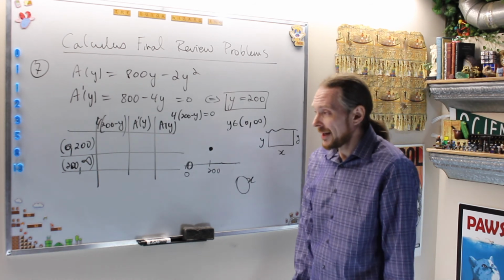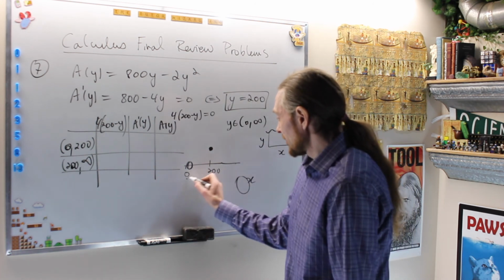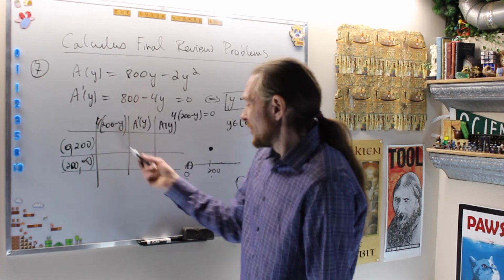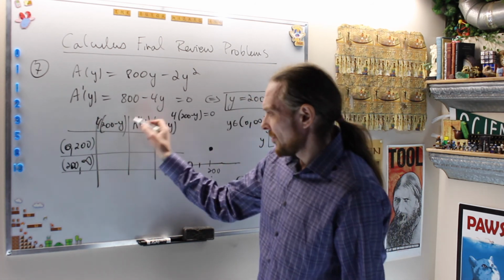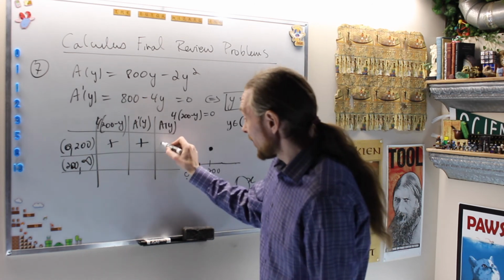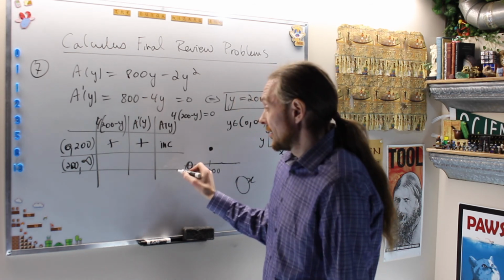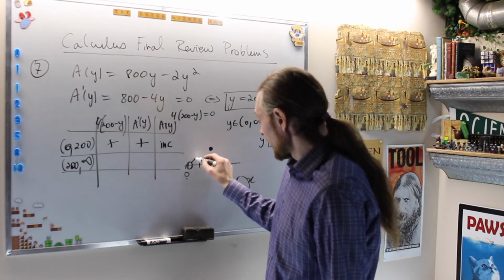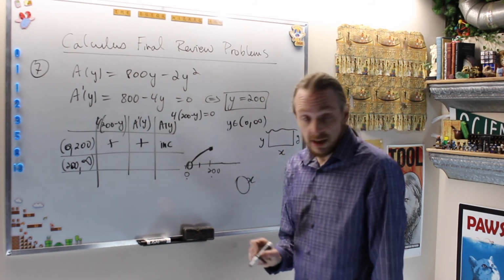First derivative test, increase, decrease, local max and mins. Now what I'm arguing is that in 0 to 200, this value would be positive. Pick any value in there. 100, 200 minus 100 is a positive value, so I'm going to get positive. That means my first derivative is positive, which means I was increasing into 200.